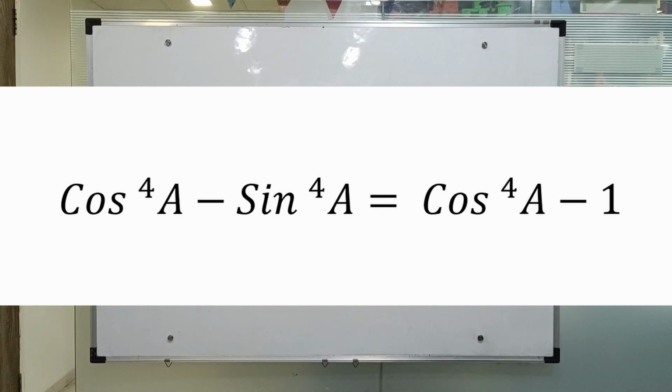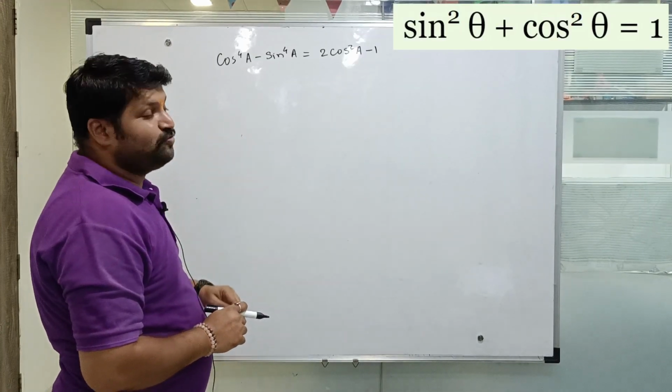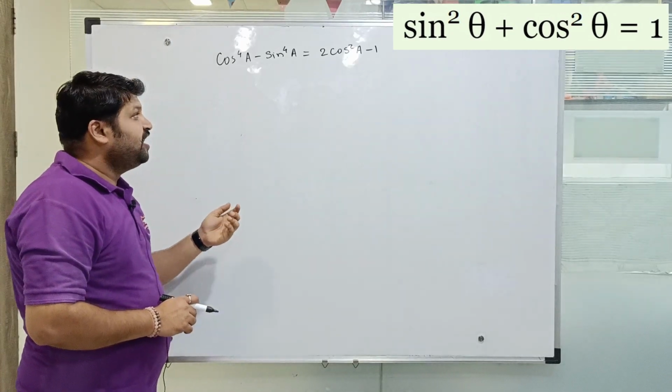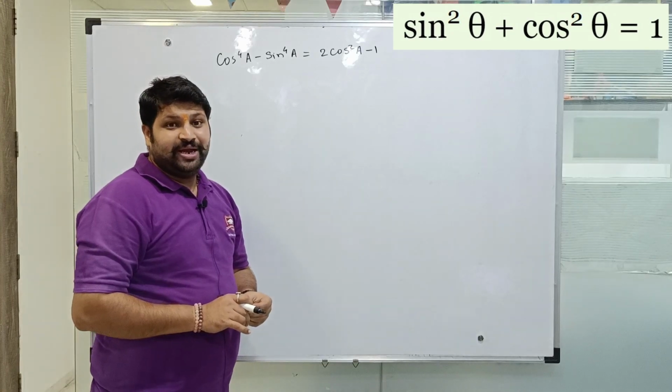It is cos to the power of 4a minus sin to the power of 4a is equal to 2 cos square a minus 1. We have to prove this. So let's see how we can prove this. Here we have cos to the power of 4a minus sin to the power of 4a on our left hand side, and we have to prove that it is equal to 2 cos square a minus 1.